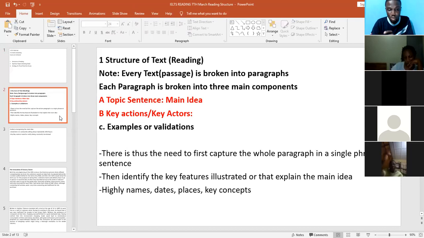Now, structure of text, that is the structure of reading. Note, every text, that is passage, is broken into paragraphs. And each paragraph is broken into three main components, sometimes two. That's why you see that I highlighted the first two components in red and the last one in black.